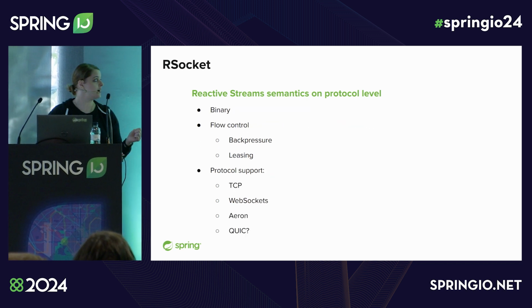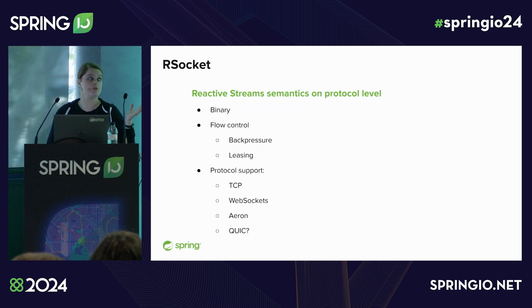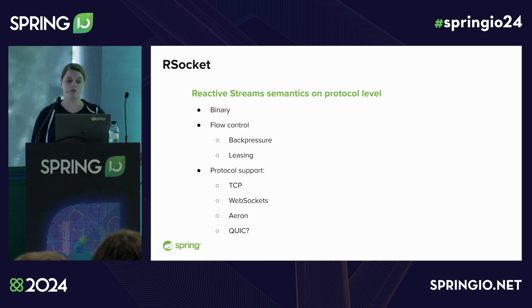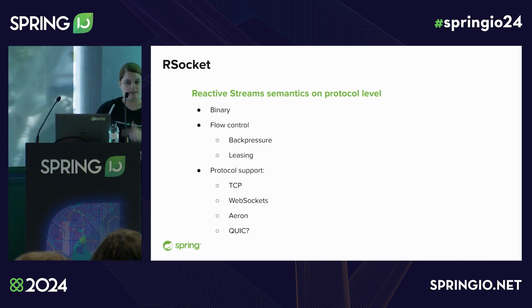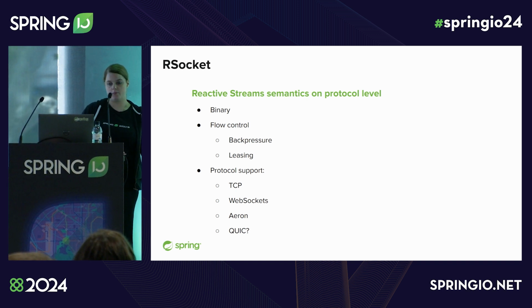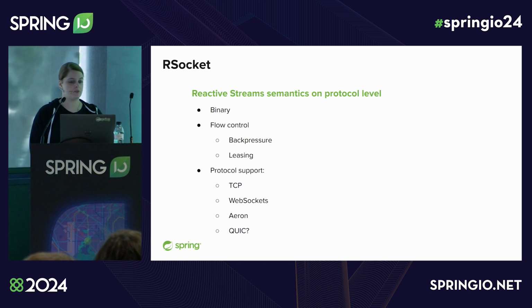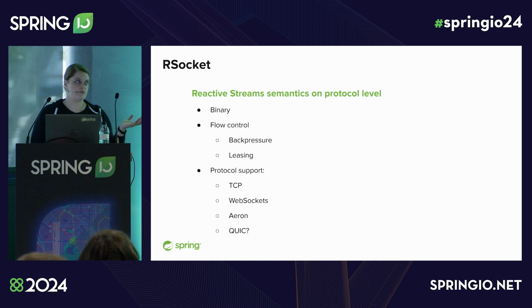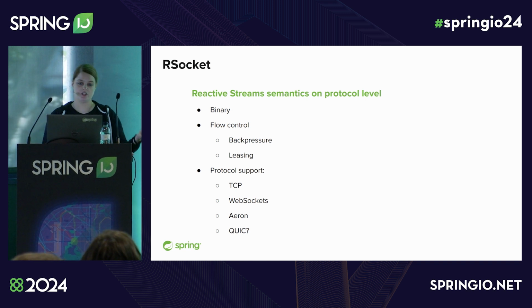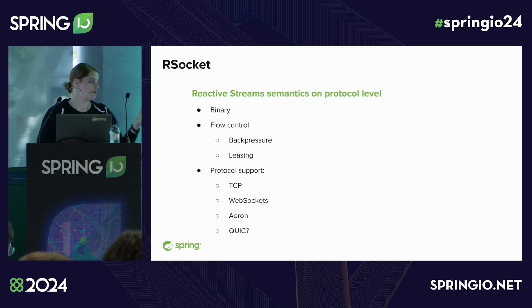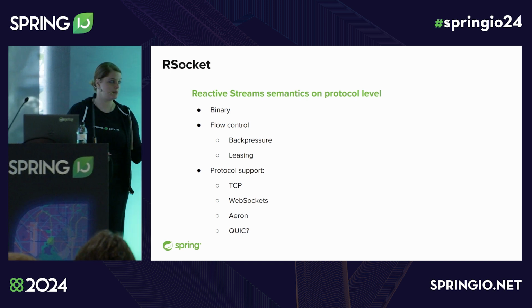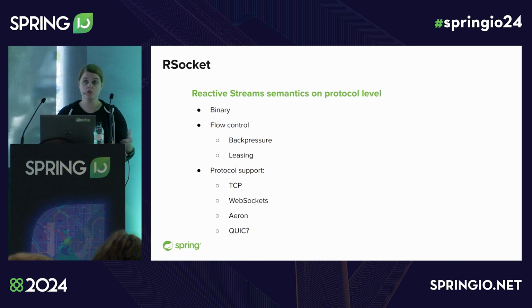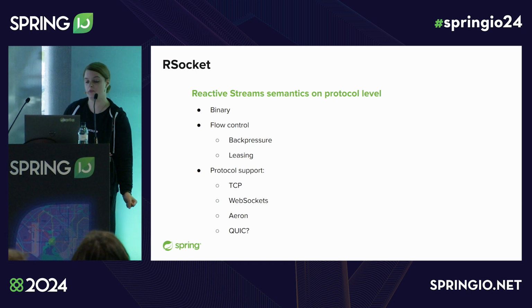It also handles back pressure on protocol level, it never blocks, and it supports TCP, WebSockets, and Aeron as underlying protocol. What they write about QUIC in their documentation is that it was not yet brought to a level which was useful for them. But as soon as QUIC becomes more usable, they will be able to provide support as well.